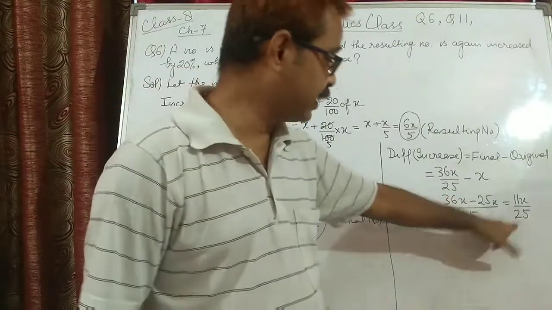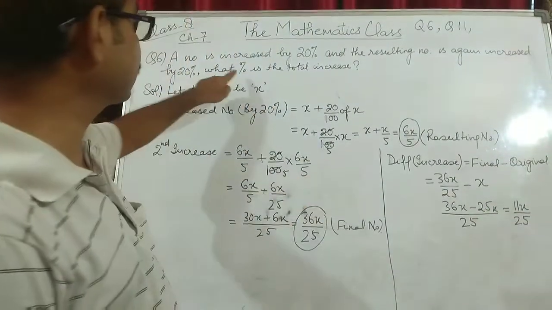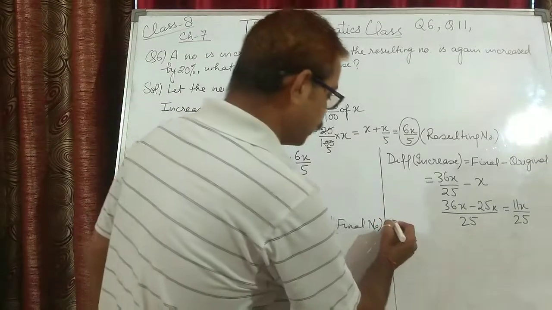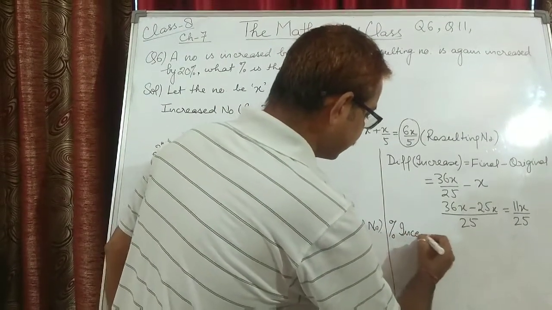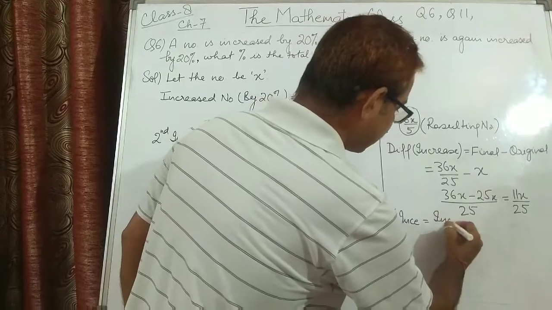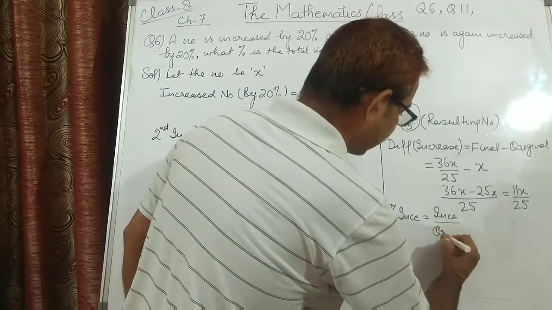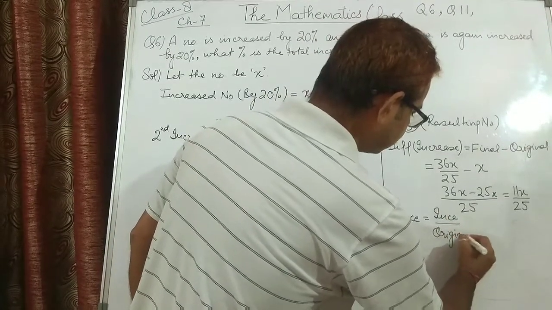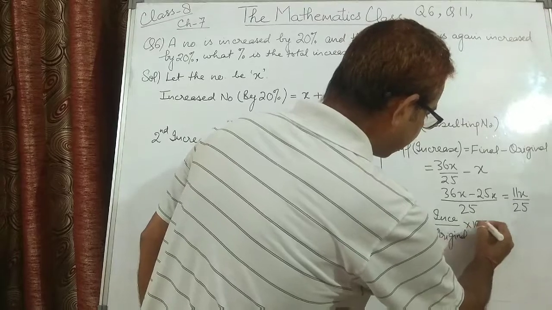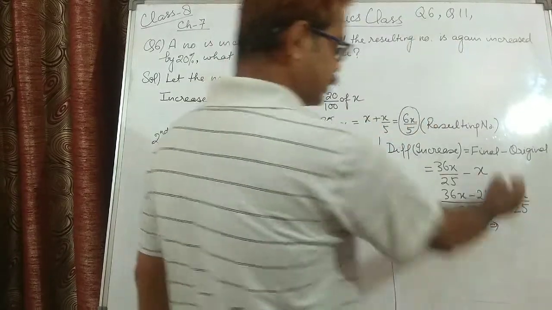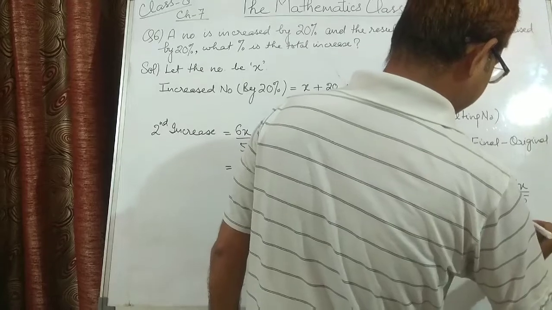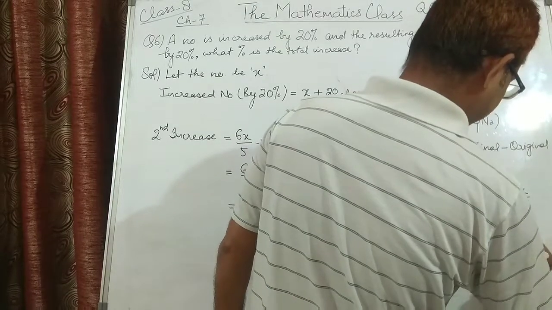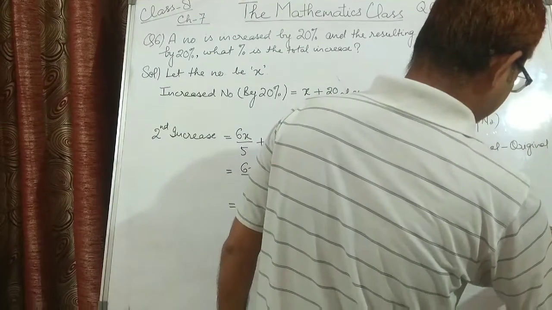Now this is the increase or the difference, but you have to find out the percentage. So percentage increase is increase upon original value into 100. That means increase is 11x upon 25, original value was x, into 100.